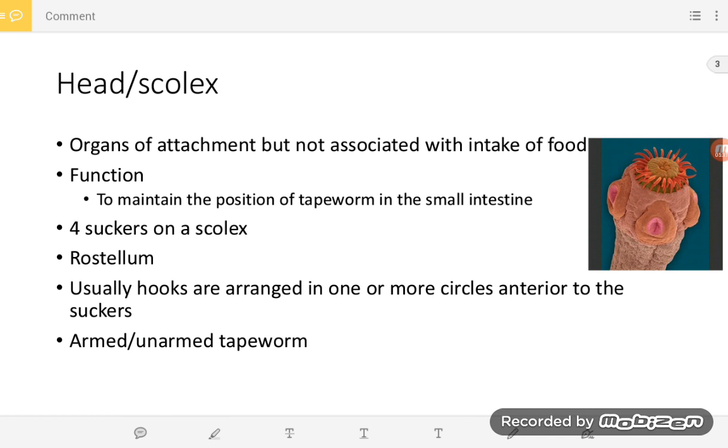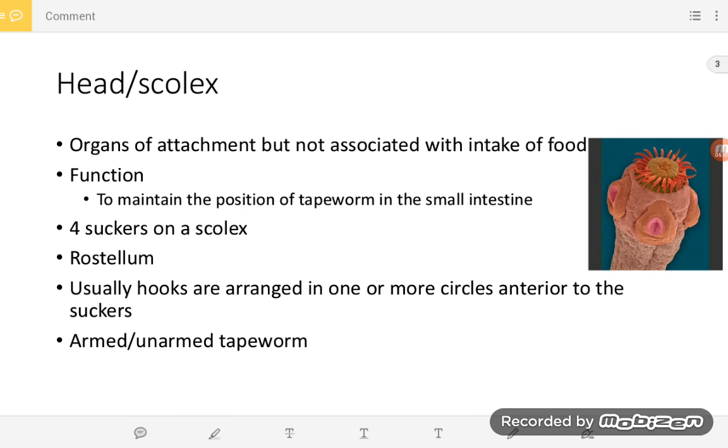If the parasite is present, normally it would come out with the water, but to prevent this they use the scolex, especially the suckers and hooklets. By using that, they are attached to the small intestine wall, so they cannot move.